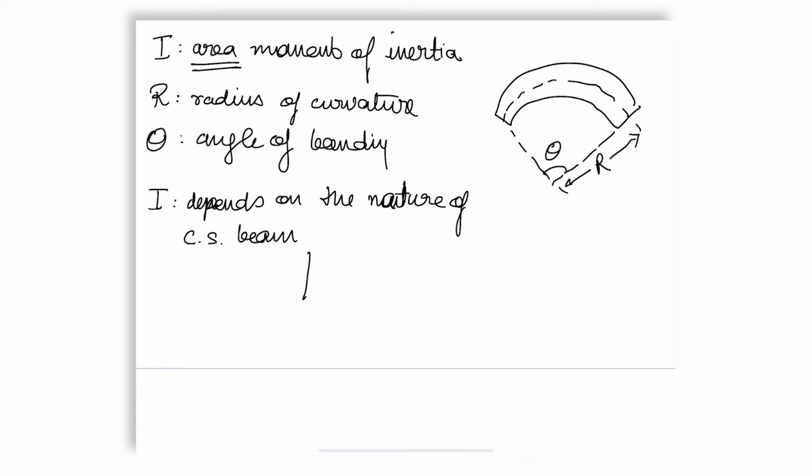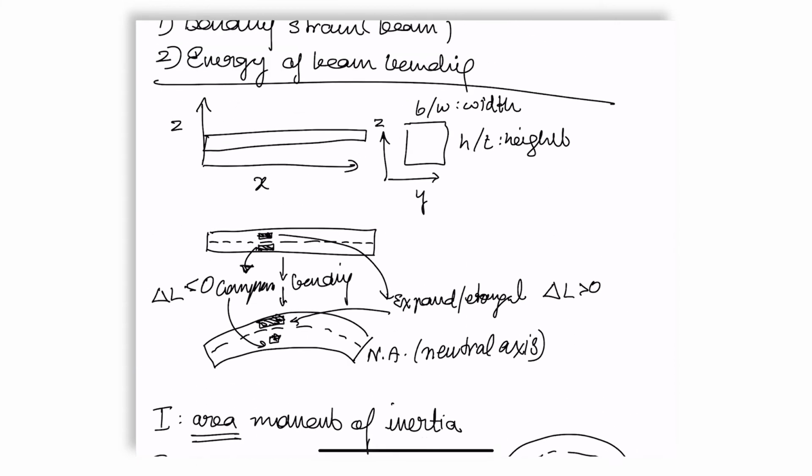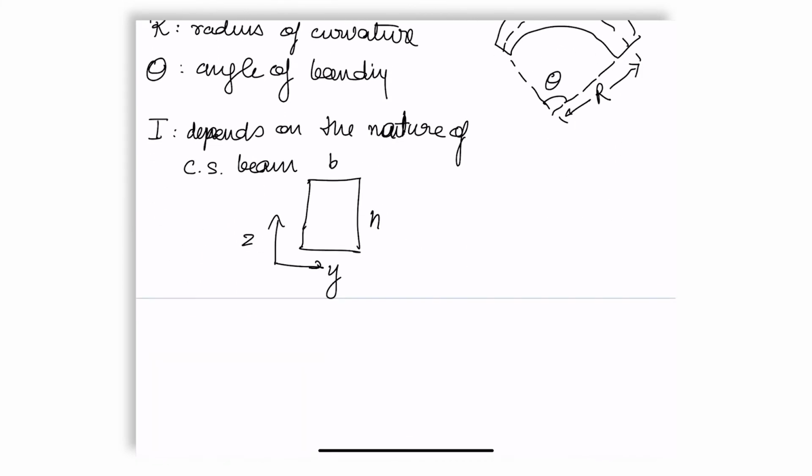In other words, what we had drawn earlier as B and H, which we defined as width and height, which is effectively along the cross section of the beam.